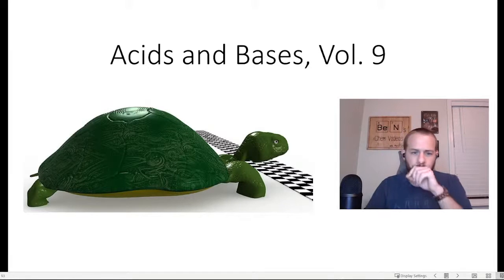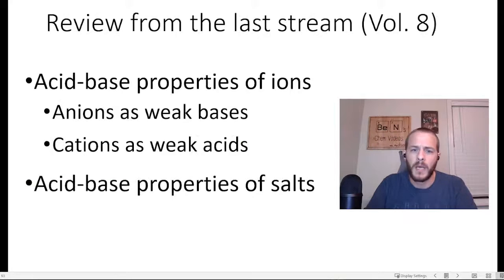All right. So we're going to start by reviewing the content from last week, which was Acids and Bases Volume 8. And last week's stream was all about the acid-base properties of ions and salts. So we looked at anions, which are negatively charged, of course, and cations, which are, of course, positively charged. We looked at them individually.